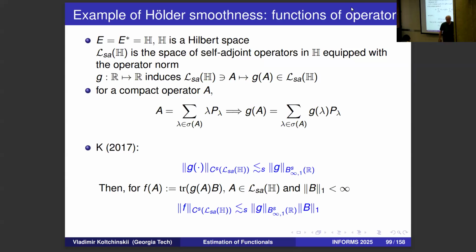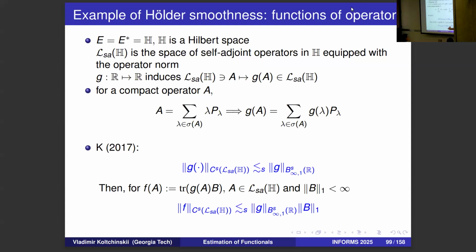In particular, you can think about such things as bilinear forms of operator functions like this, right? If you take a bilinear form, you take, say, G of A and create the inner product of G of A u with v, right?